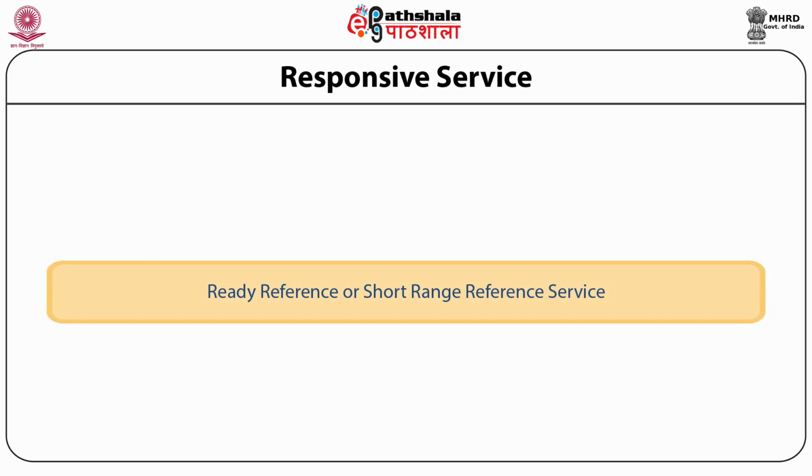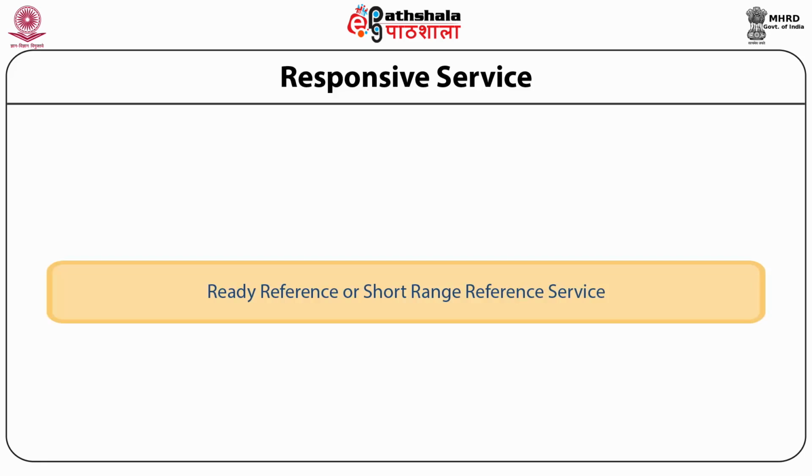This service is concerned with providing answers to fact-finding questions like what, where, when, who, and why type of questions. Questions like who invented the telescope, where is Antarctica, what is the area and population of an island, when will the next solar eclipse occur.